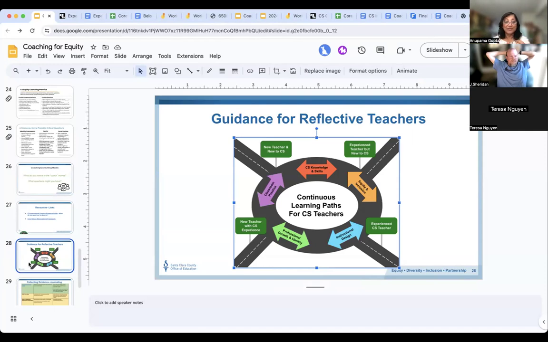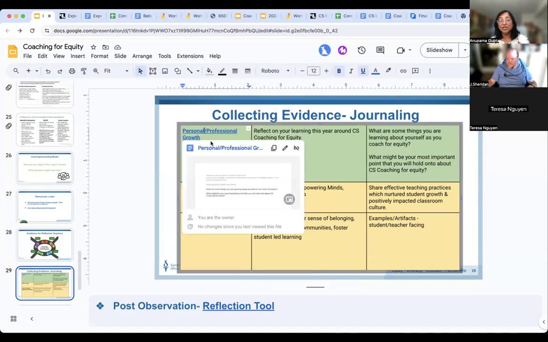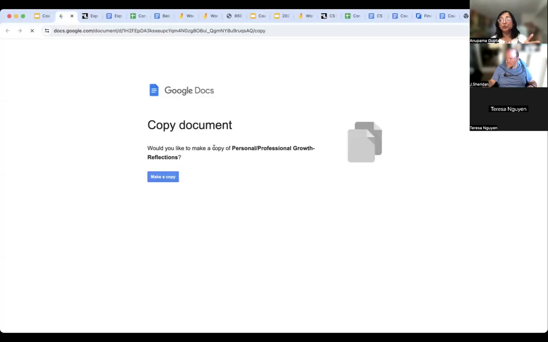So that is that. Moving on to this one, as I said, is collecting evidence and journaling. If you click on the first link, that is your own personal one. Here it asks you to make a copy. This is your own personal copy, and no one's going to look at it. It's yours.